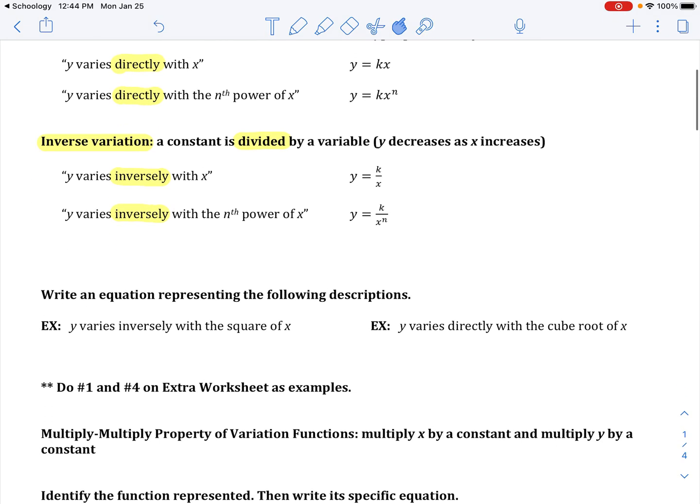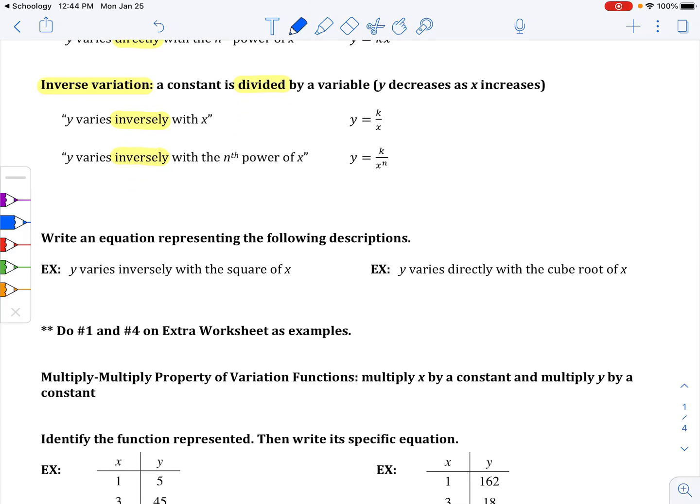So write an equation that represents the following descriptions. Y varies inversely with the square of x. Okay, I see the word inversely, so I know there's going to be division. So y is going to equal my k, or my constant of variation, divided by the square of x, or x squared.